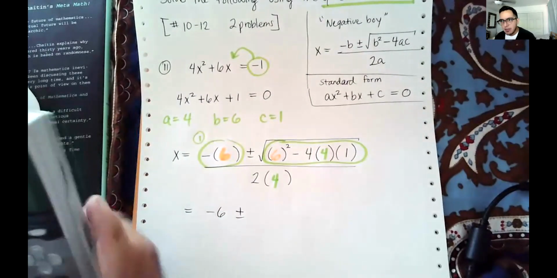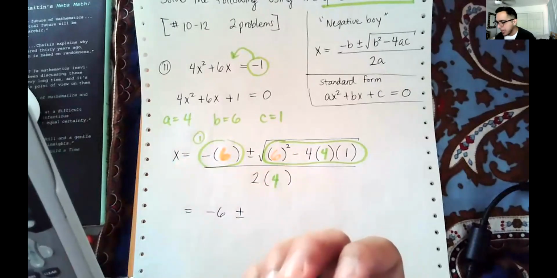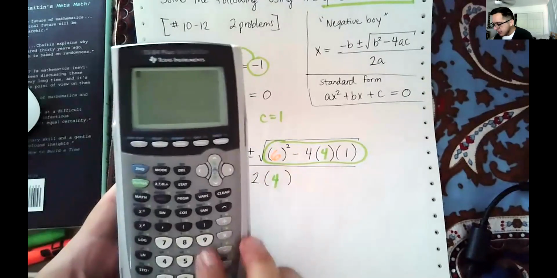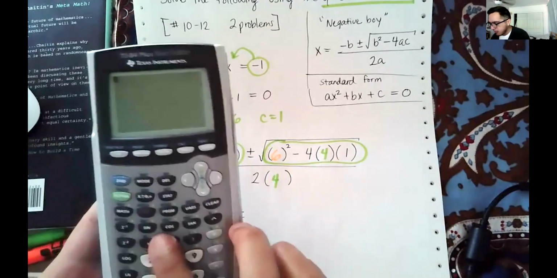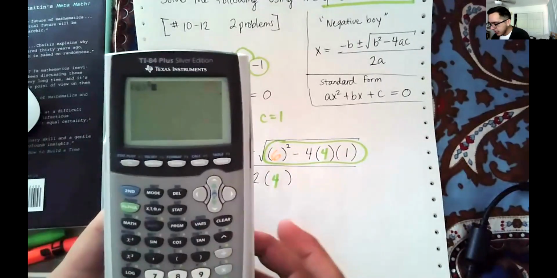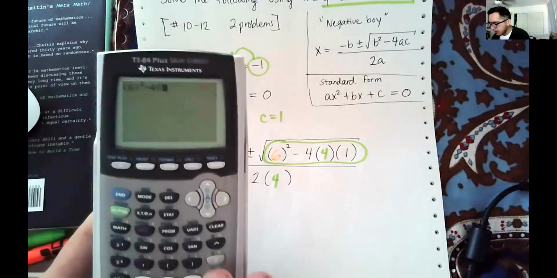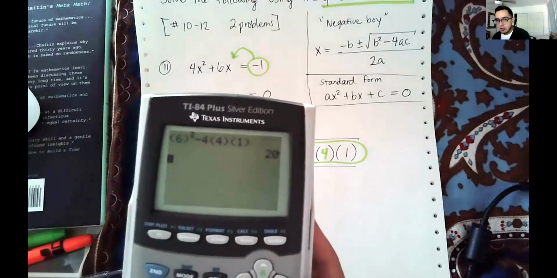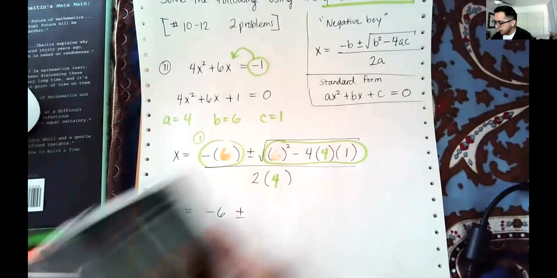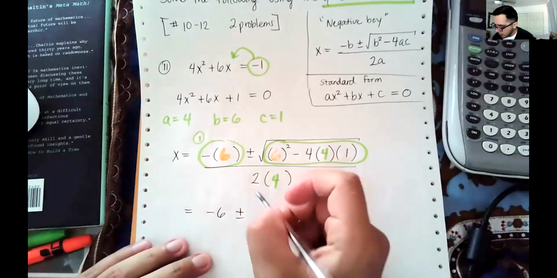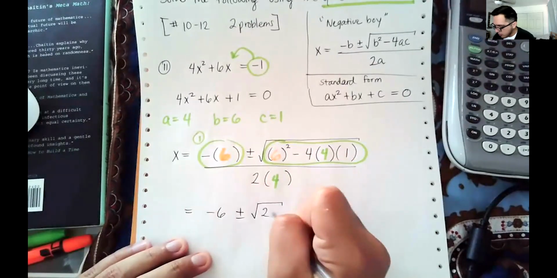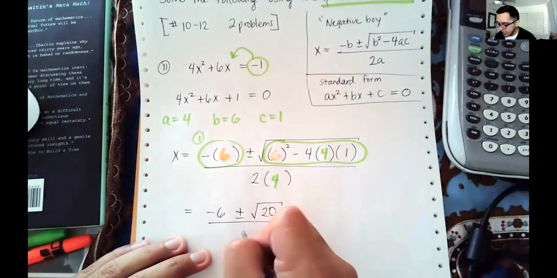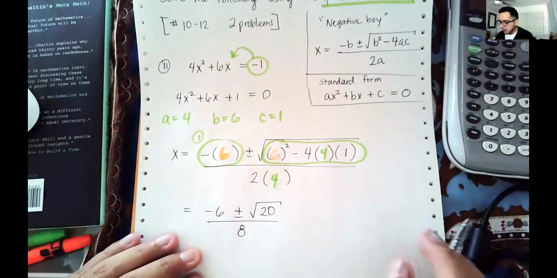Okay, so we'll have to handle that by hand, right, manually. And you could type in exactly the way we wrote this, parentheses 6 squared minus 4 times 1, and we should just get 20. Okay. So we'll have the square root of 20 here all over, and then 2 times 4 is 8.